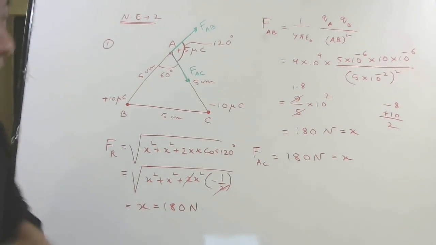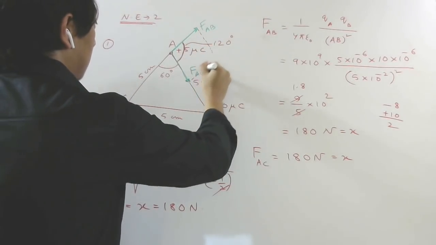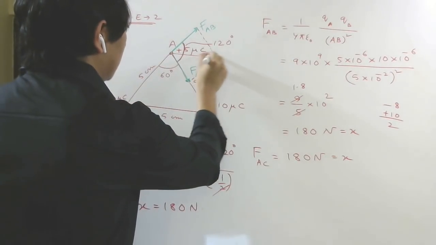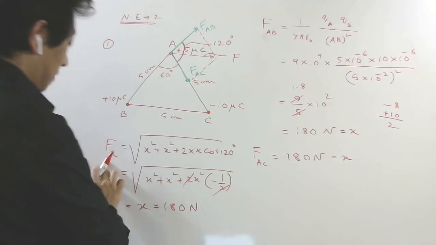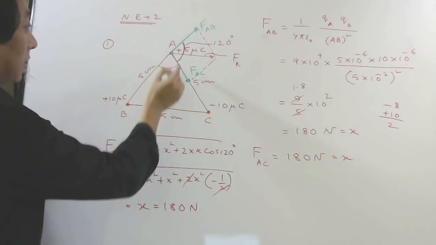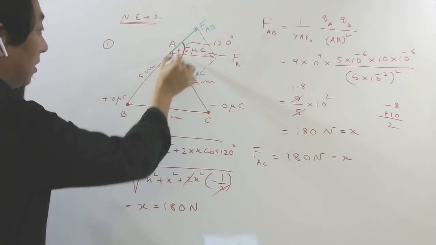Now if they ask direction, then you make this parallelogram, right? Then the diagonal will give you the resultant force, this Fr. Okay, and since you know these two are equal in magnitude, the resultant will bisect this 120 degree.